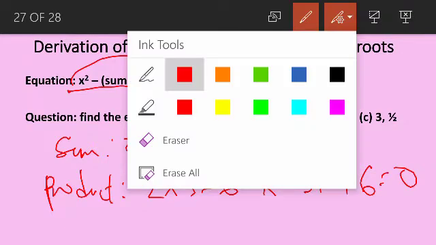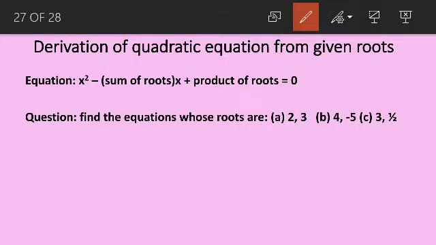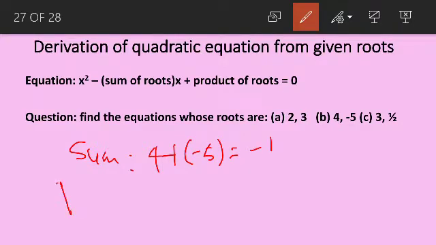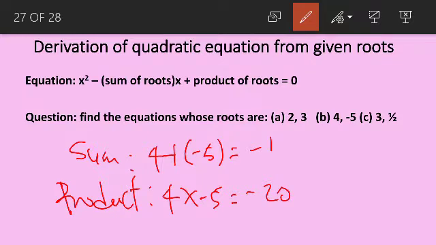Now let's see the next one, the b. First of all, we have the sum of the roots. The sum here is 4 plus minus 5, and that will give us minus 1. Then we have the product, which is 4 times minus 5, and that will give us minus 20.